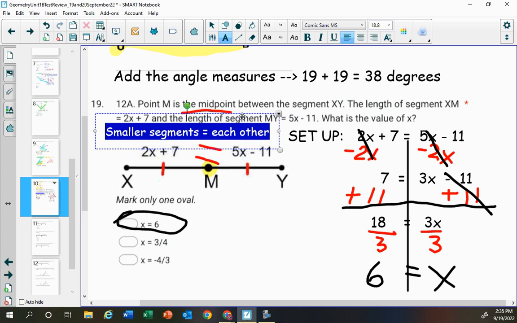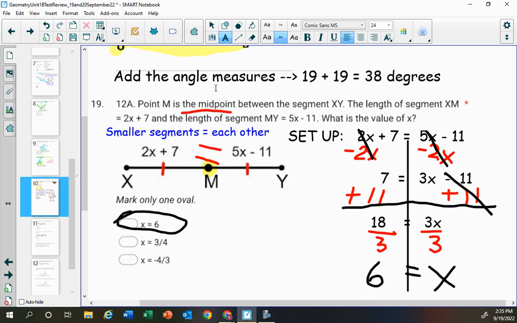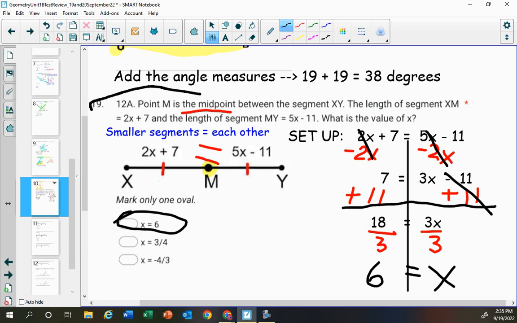So that's the key. You see that midpoint, you set the smaller segments equal to each other. A lot of times it's all about what the setup is. So the next two, you have to get one part, but then you have to get the overall distance. Before we go to the next problem, are we good with the x equals 6 deal? Are we okay with that?